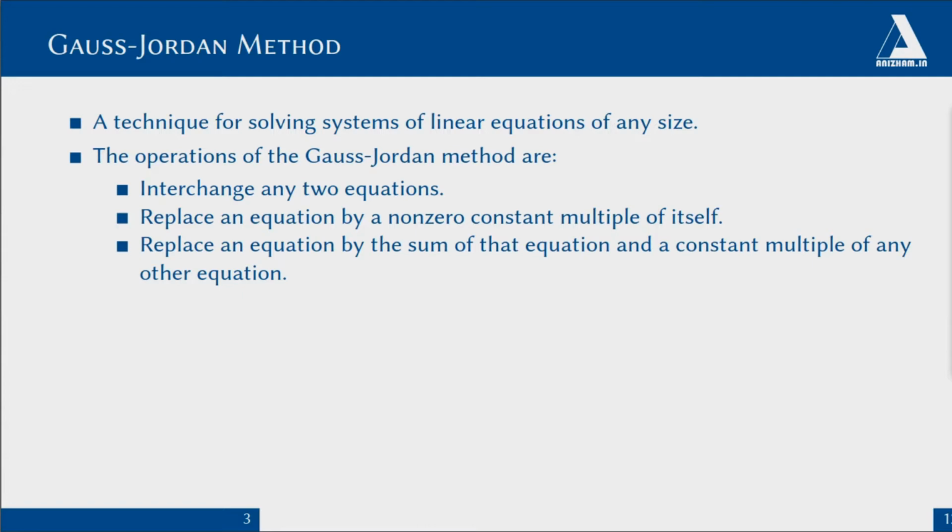That is, we replace the first equation with the sum of the first equation and 2 times the second equation, or some particular constant multiple of any other equation. It can be the second equation, third equation, or fourth equation, and so on.